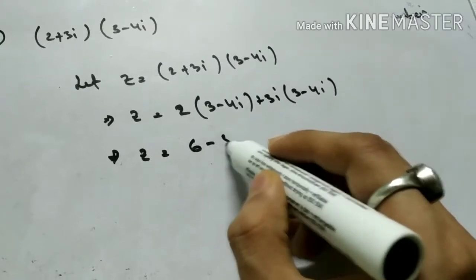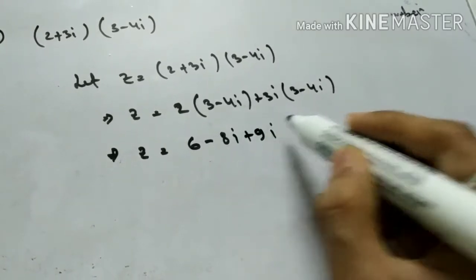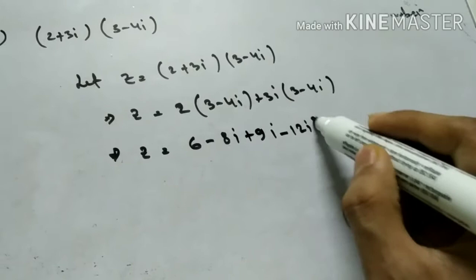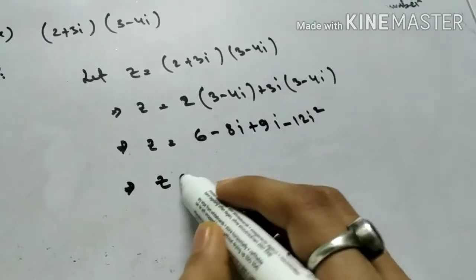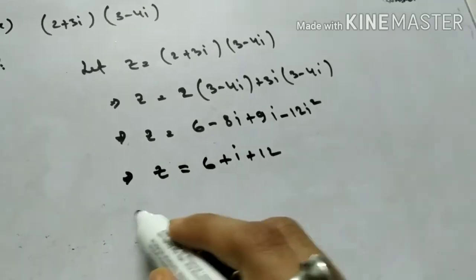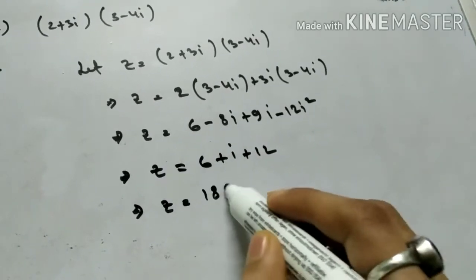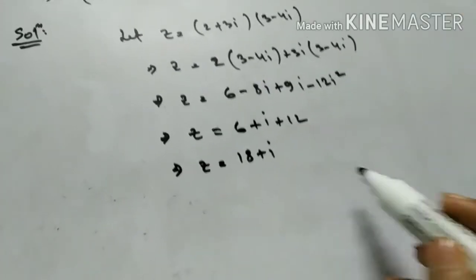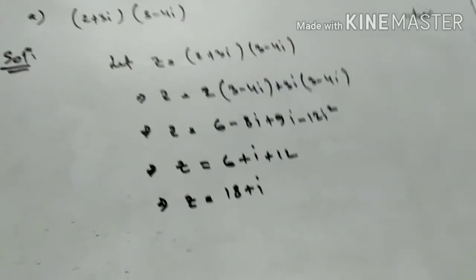6 minus 8i plus 9i minus 12i square. So z is equal to 6 plus 12 plus i, z is equal to 18 plus i. Understand? Z is equal to 18 plus i.